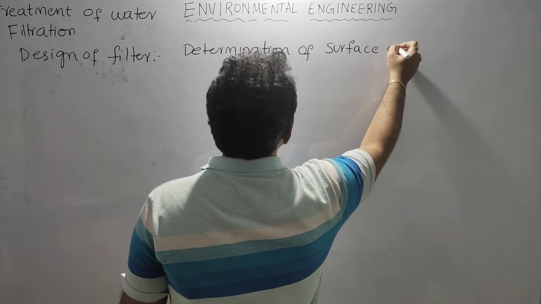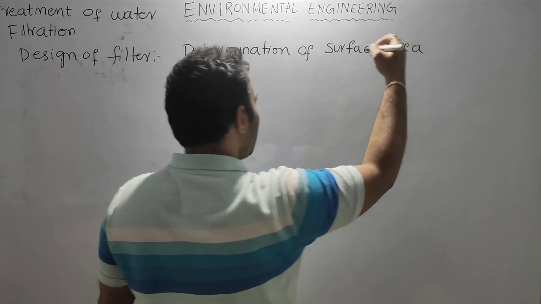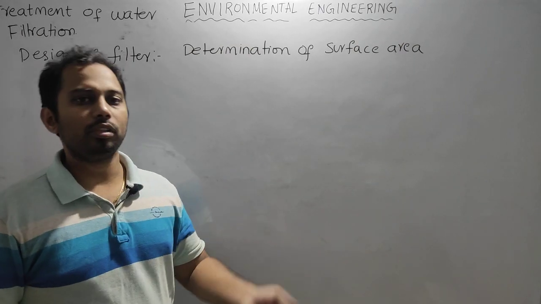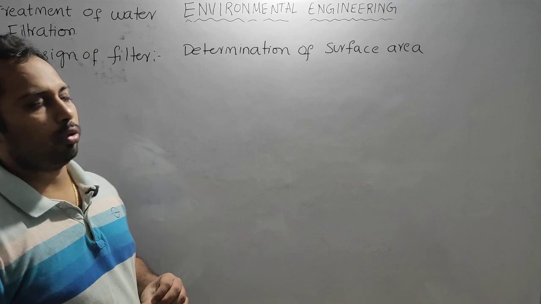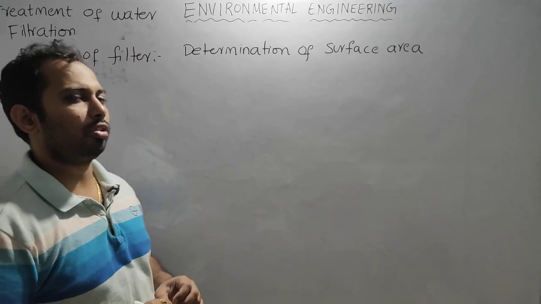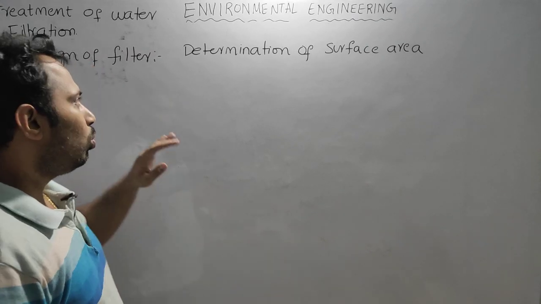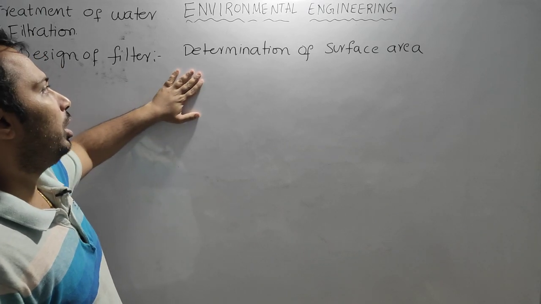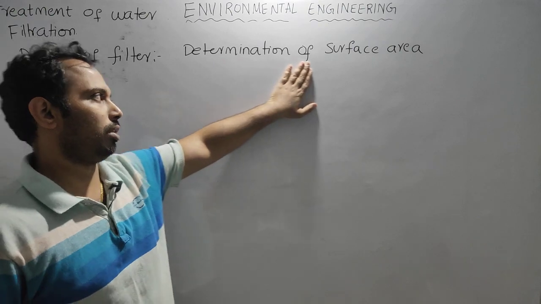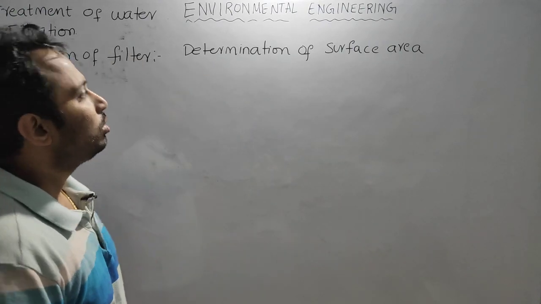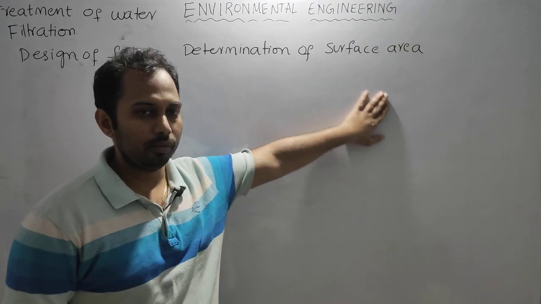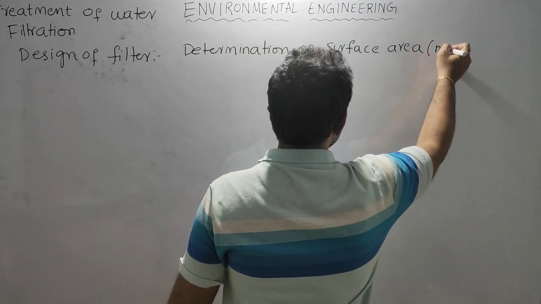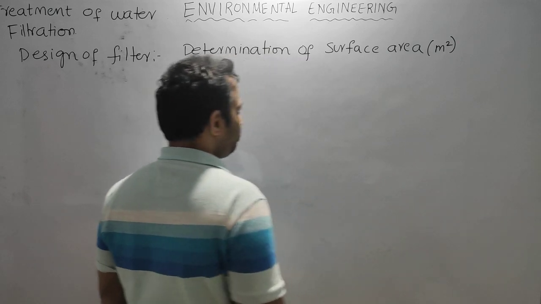Okay, if it is a rapid sand filter, then we need to design the velocity of backwash, the expanded bed porosity, the expanded bed thickness, all those things will come. Whereas if it is only slow sand filter, there won't be any backwashing. So here in this case only determination of surface area is enough. So how to determine the surface area now? Surface area will have a unit of meter square, right?